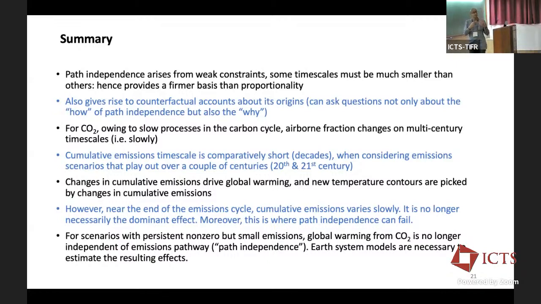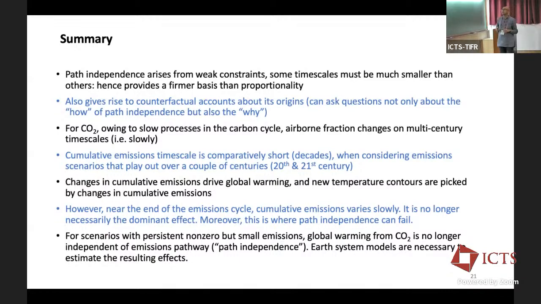And there's a distinct relationship between that and the cumulative emissions timescale that makes it a few decades long. And we know there are slow processes in the Earth system carbon cycle, which make the airborne fraction a few centuries long, the cumulative emissions timescale being a few decades long.